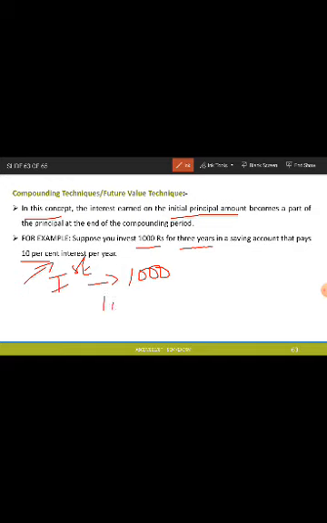For 1000 rupees, 10% interest means multiplying by 0.10, so you add 100 rupees. 100 rupees of interest is added to the principal amount of 1000 rupees. Therefore, at the end of the first year, the amount we have is 1100 rupees. So we have earned 1100 rupees.